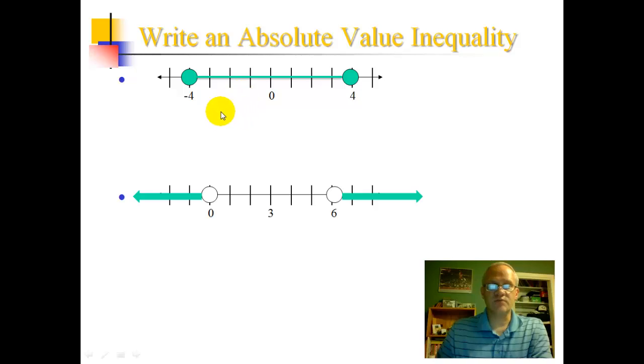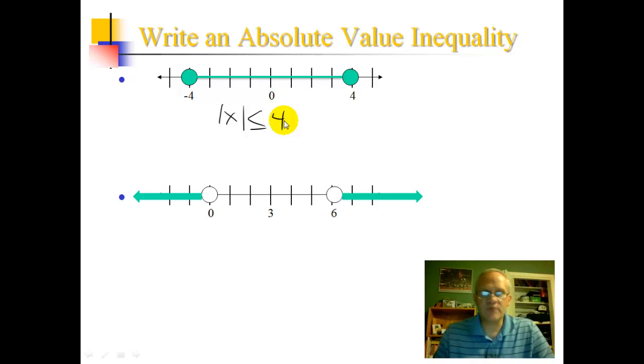So that would be the absolute value of x is, now is it closer to 0 or further away from 0? It's closer to 0 than 4, so we would say less than, and since these are filled in circles here, we say less than or equal to 4. So you kind of have to work it backwards a little bit. You say that the absolute value of x has to be less than or equal to 4 in a situation like that.